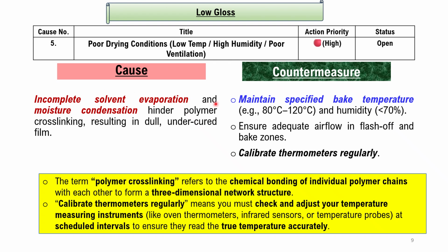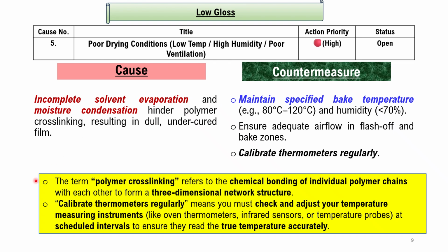Therefore, maintain specified curing or bake temperature, which could be 100 degrees centigrade to 120 or even higher, and humidity less than 70%. Ensure adequate airflow in flash-off and bake zones. Calibrate curing oven thermometers regularly.